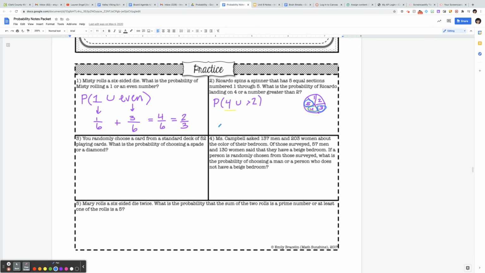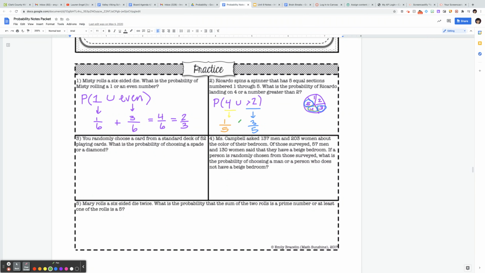So notice that 4 gets selected twice here. So the probability of rolling a 4, which I'm going to change to orange because it's a little hard to see, is 1 out of 5. But the probability of rolling a number greater than 2 is, I have 3 out of 5 chances here, right?